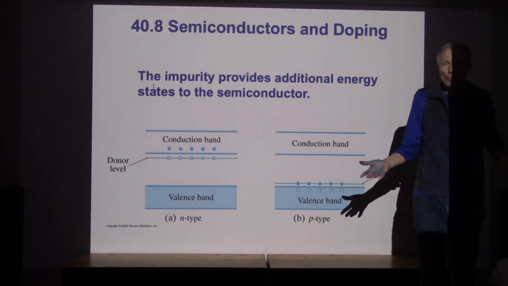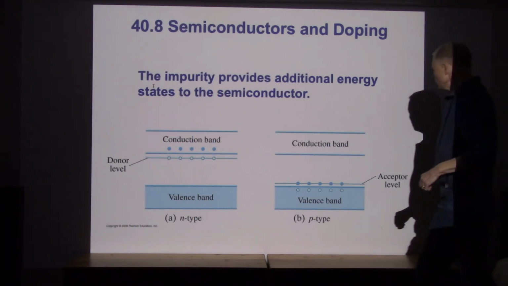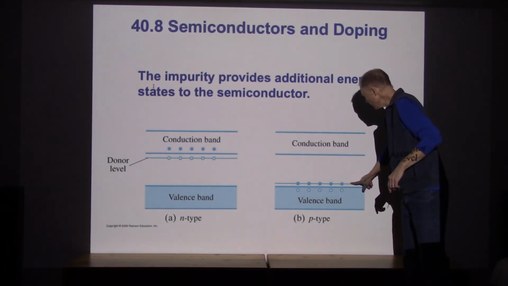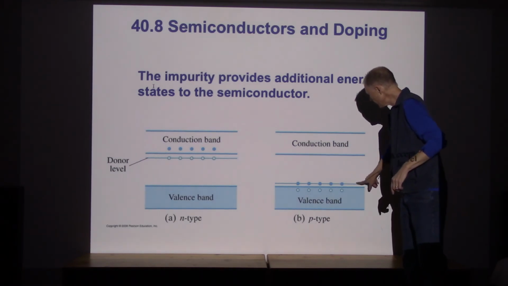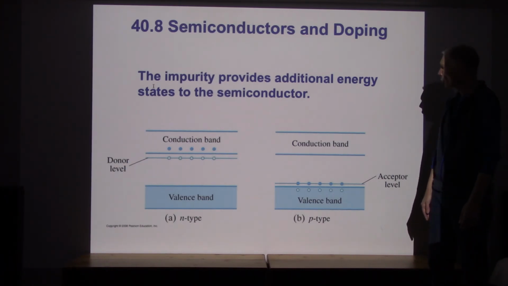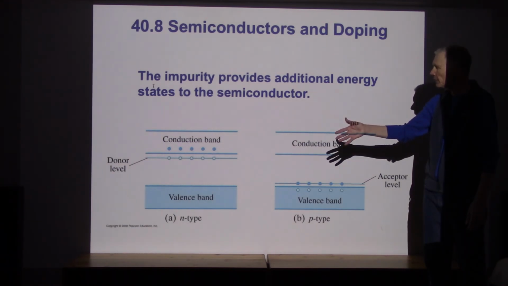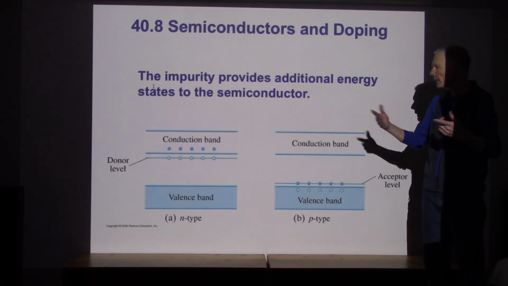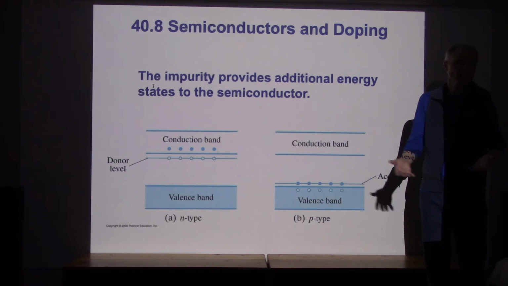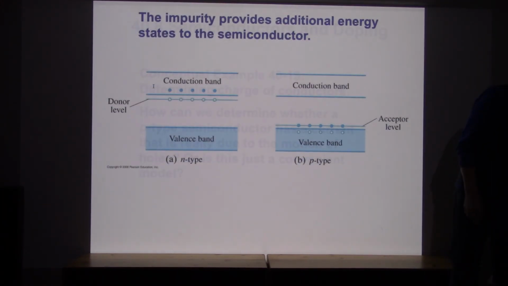So that works too. We can also get conduction by having electrons jump in and out of this intermediate state that we've generated, putting a little bit of doping material inside. So this becomes really useful. Depending on how much impurity we put in, we can create different numbers of states, and we can develop different conduction properties for these materials.